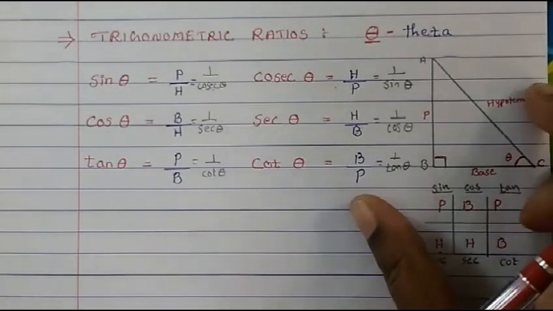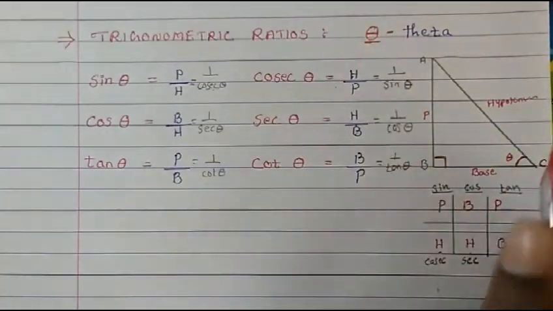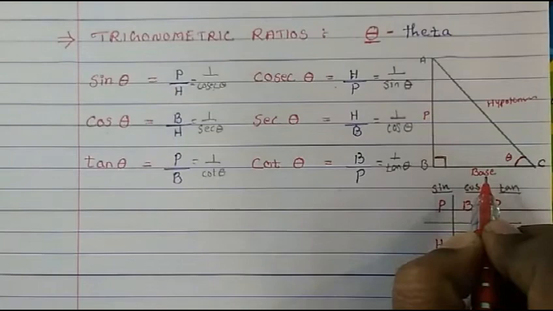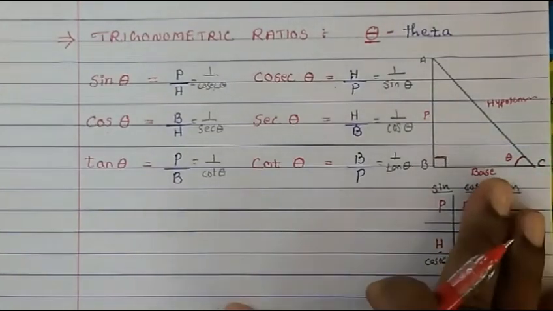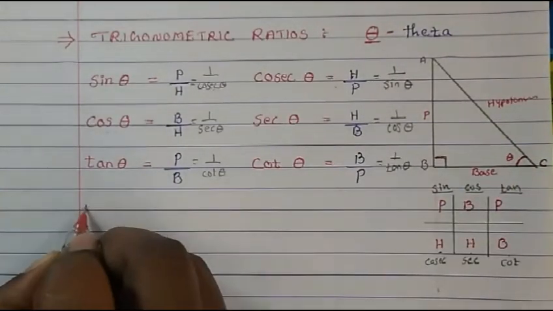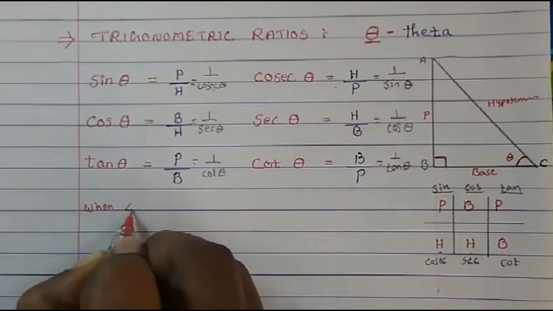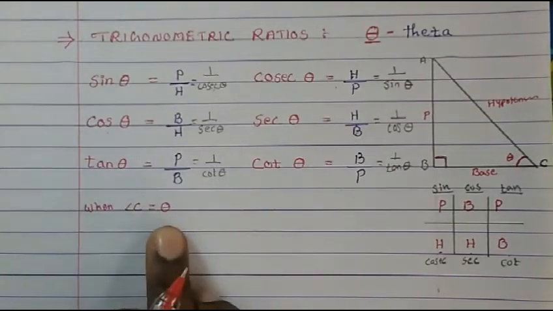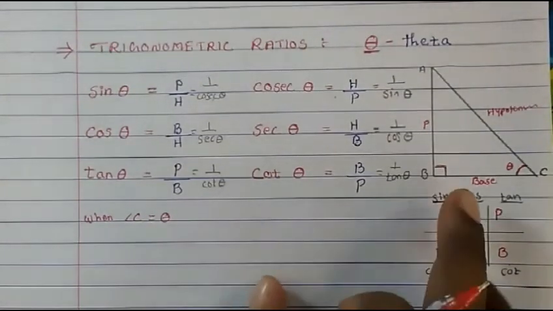Okay, so now depending upon the theta, which one will become perpendicular, which one will become base? In this case, when angle C is my theta, which one will become base?